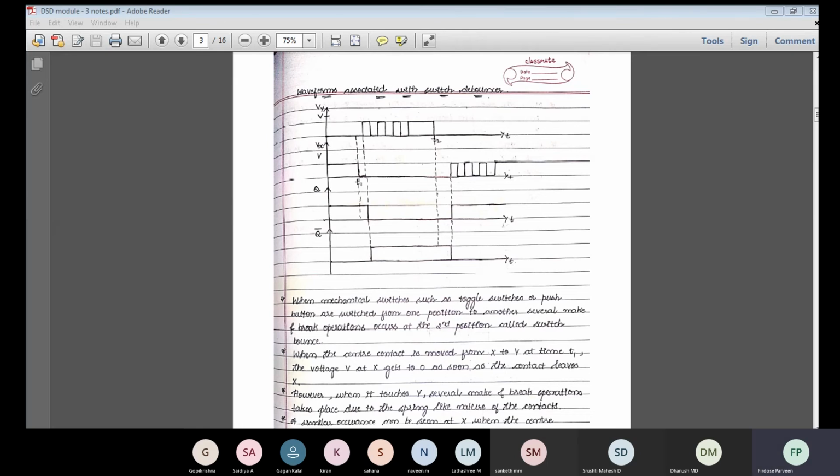Gopi Krishna? Understood? Ma'am. Your S is very low. Lata Shri Naveen?